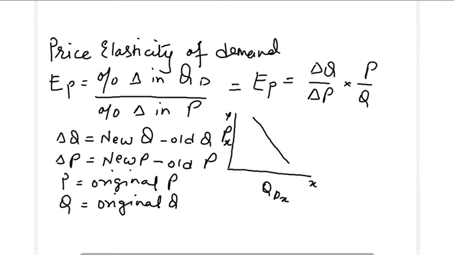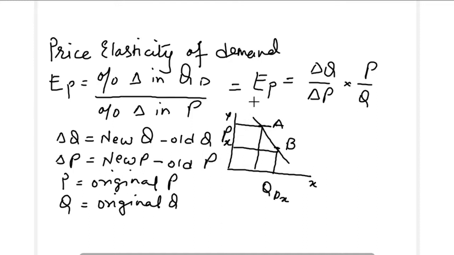Let us consider 2 points over here, point A and this is point B. This is the price at point A and this is the quantity demanded at point A. Further, let's move down a little, and what we get is quantity demanded at point B.